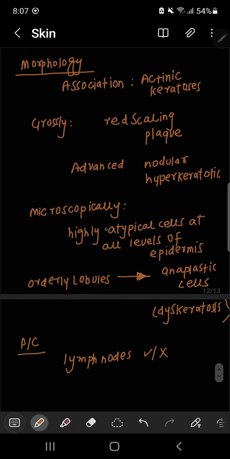And microscopically, you see highly atypical cells at all the levels of the epidermis. They can show variable degrees of differentiation, from cells that are arranged in orderly lobules to anaplastic cells with foci of necrosis and dyskeratosis.